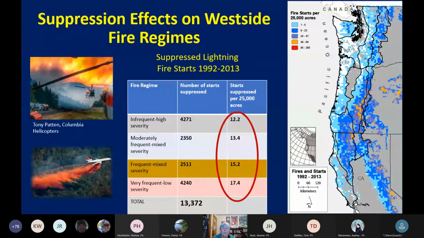And if we think about it in terms of the effect over the historical fire regimes, as you can see here, where we looked at suppressed lightning fire starts over a 20-year period, you can see that fires have been suppressed in all the fire regimes that we see across our area, and no surprises that fire effects are more pronounced from a suppression perspective as we get more frequent in our fire regime categories.